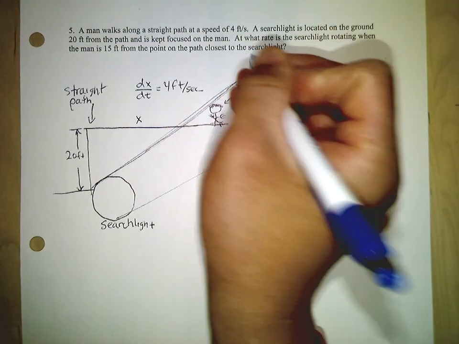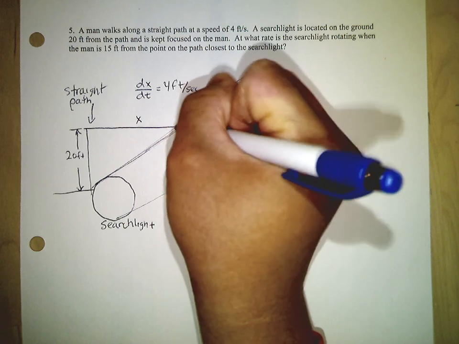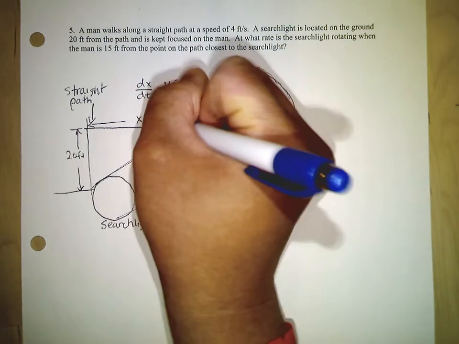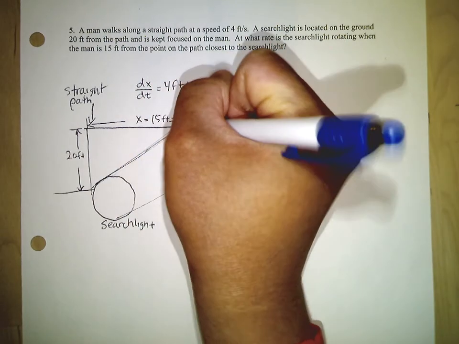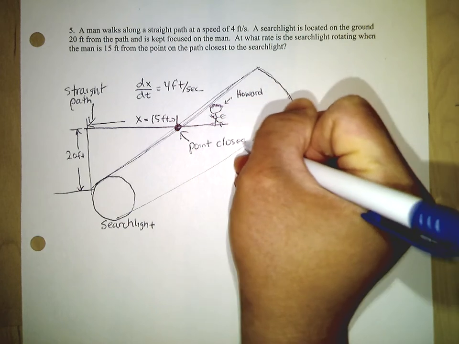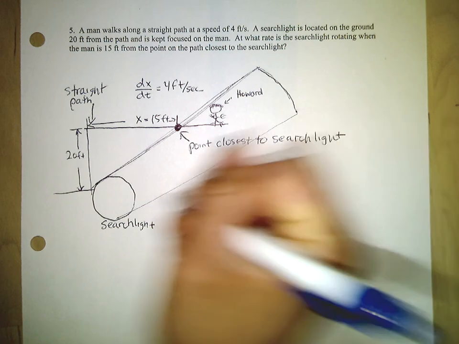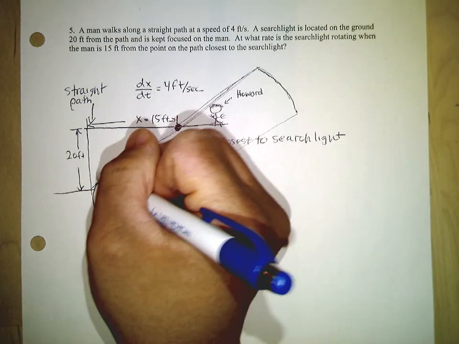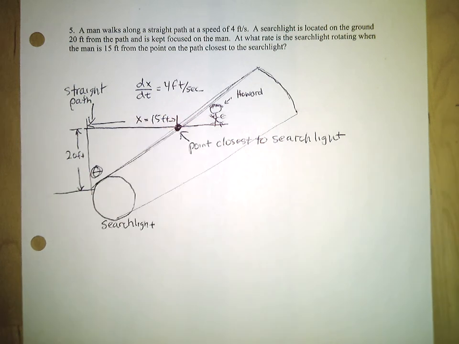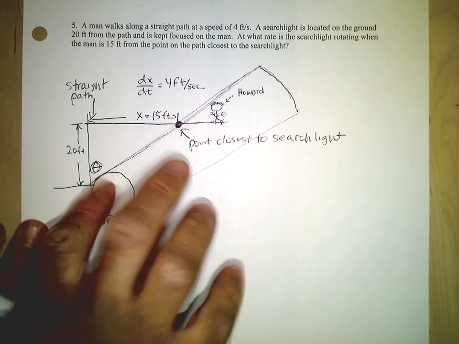point on the path closest to the searchlight? So this is actually the point closest to the searchlight. And so we want x to be equal to 15 feet. All right, so that's the point closest to the searchlight, and we want to know at what rate this is rotating. So this is the theta, the angle that this is moving.